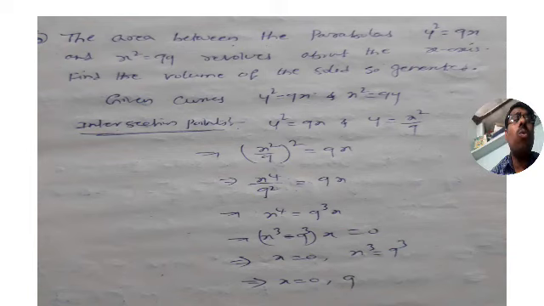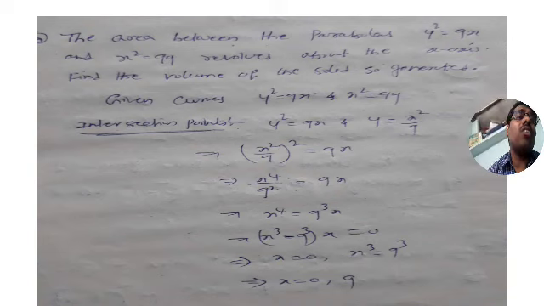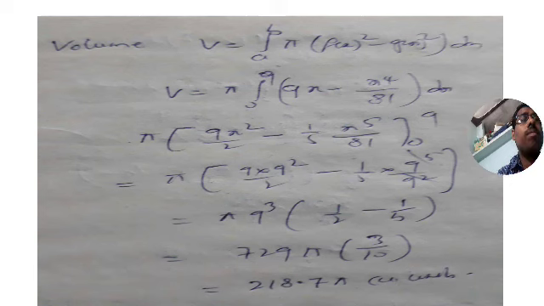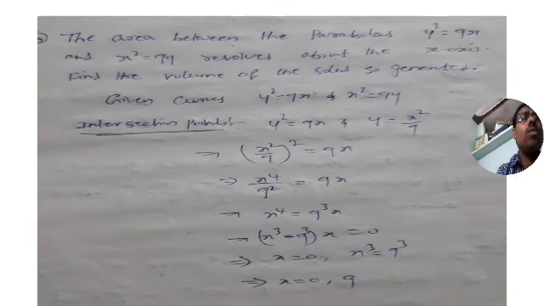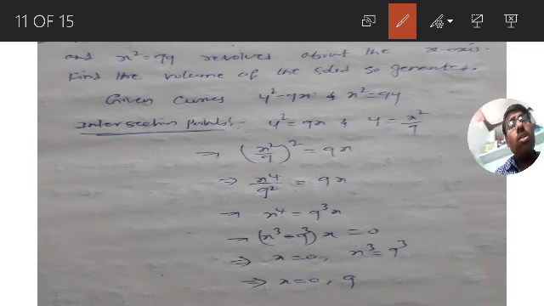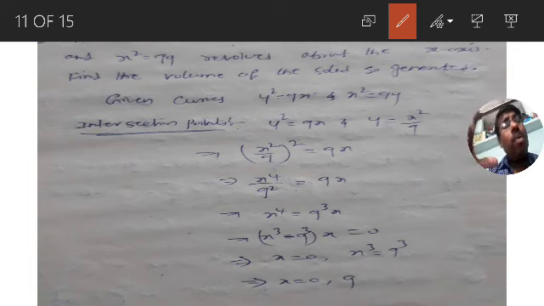Now here the two curves are given: y square is equal to 9x and x square is equal to 9y. So now you have to find the limits. First of all, you don't have the limits. You have to find the volume of the solid generated by revolving the area between the two curves.